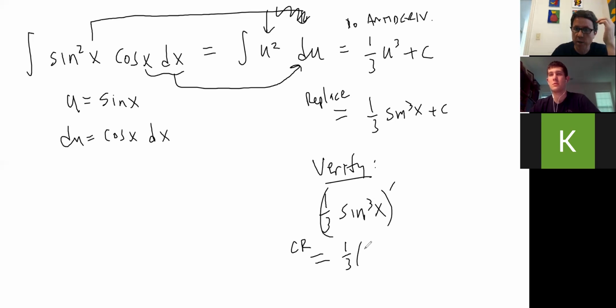And it's 1/3. You do the regular derivative of the cube, so 3 and then squared, but then the chain part here is I have to multiply by the derivative of the inside. So that's sine prime. And the 3's cancel, and I get sine squared cosine, which is right back to where I started. So it really is the reverse of the chain rule in that sense.